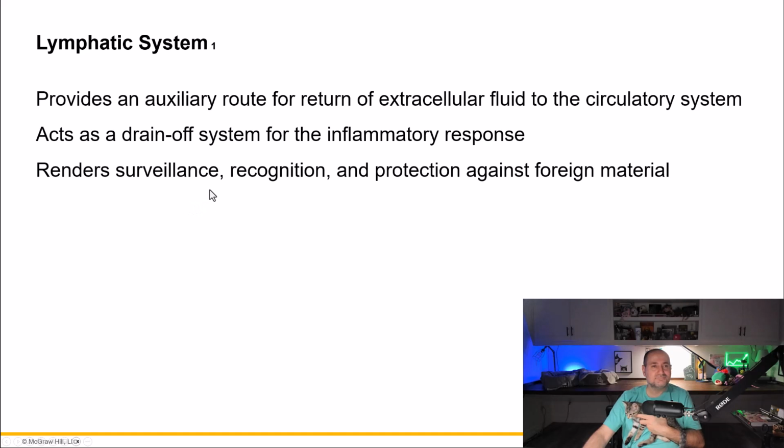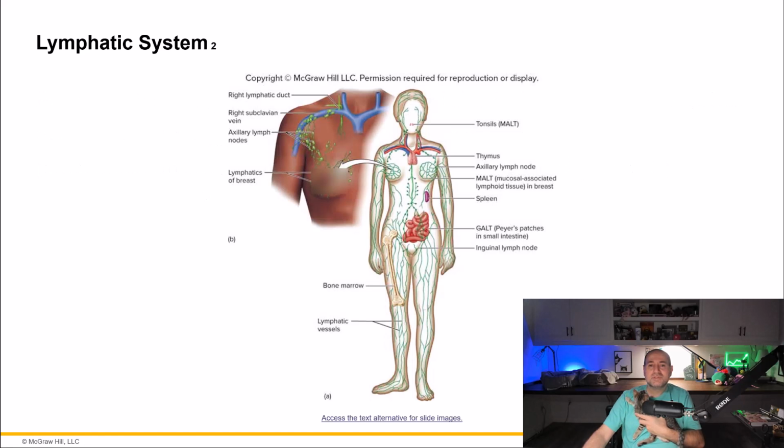Okay, let's see. Oh, and do you remember the lymphatic system? You should know this. You should know that the lymph fluid flows only towards the heart, not away, right?